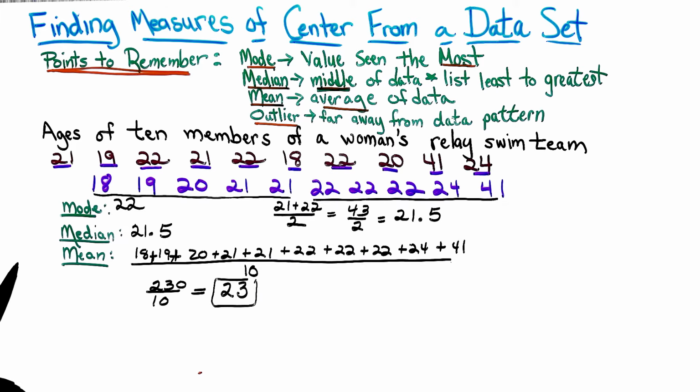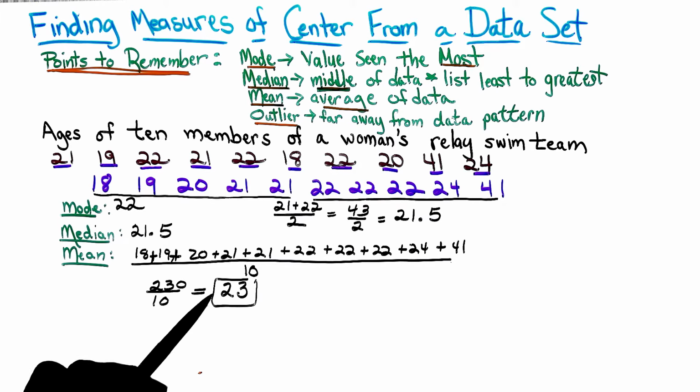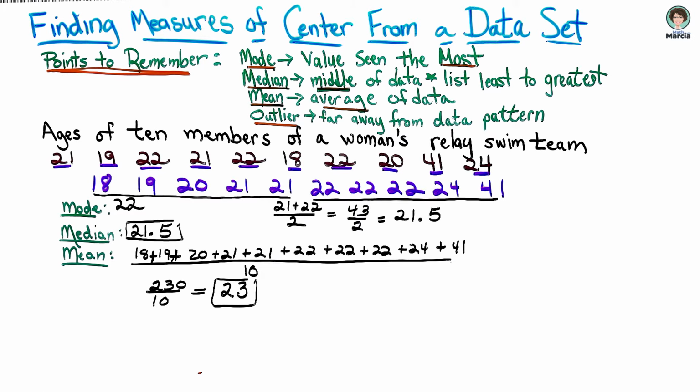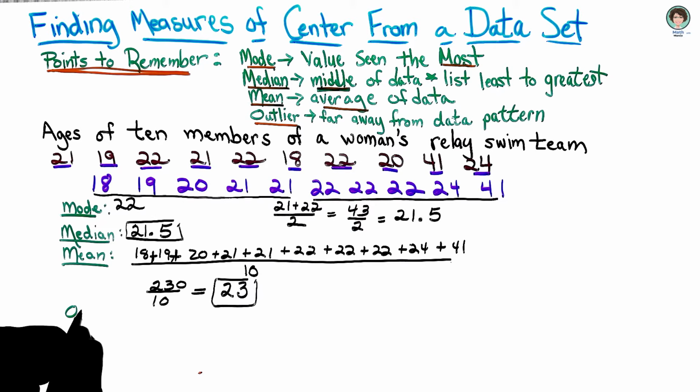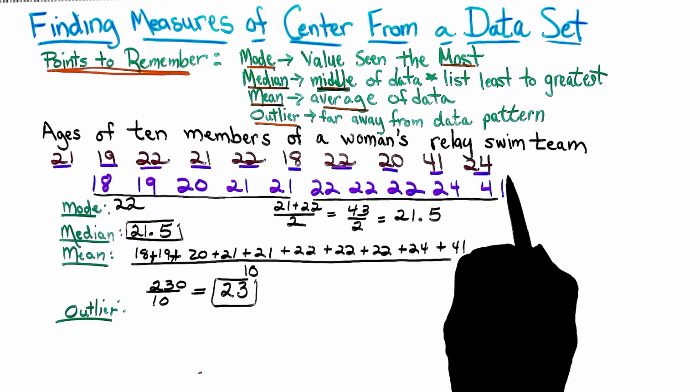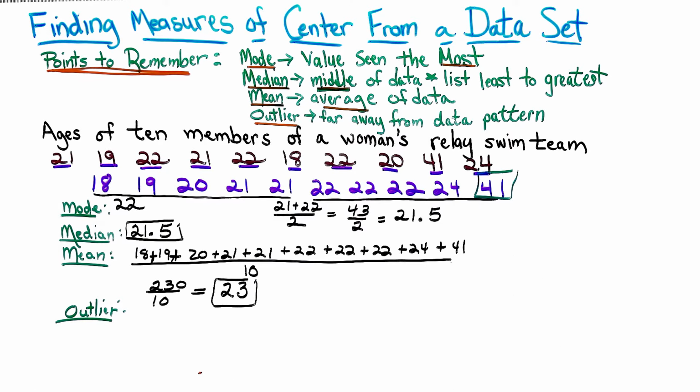You might wonder, why are the median and the mean kind of far apart? Remember, I kind of gasped a little bit when I saw that there was one person that was really older than the rest. And it was our 41-year-old. Congratulations to her.